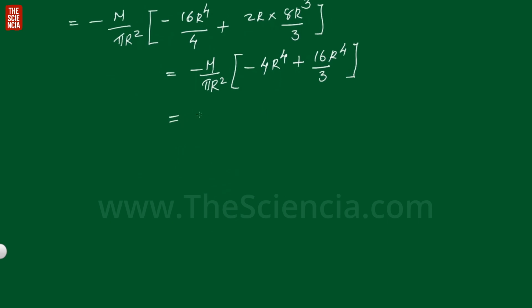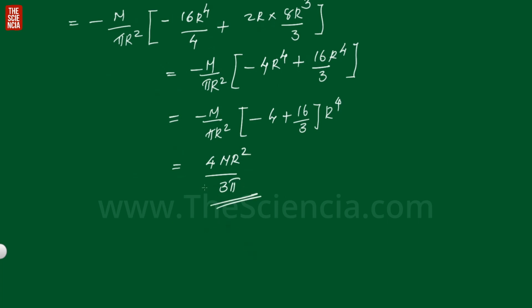That is equal to minus m by pi r square into minus 4 plus 16 by 3 r raised to 4. Here r raised to 4 and r raised to 2 will cancel, and after doing the mathematics we get 4 m r square by 3 pi. Sorry, I forgot to put a minus sign here.